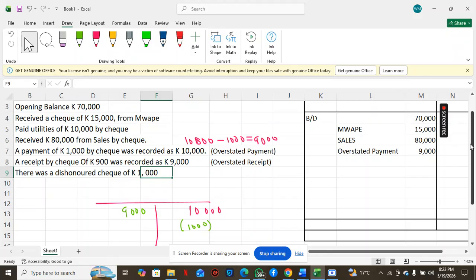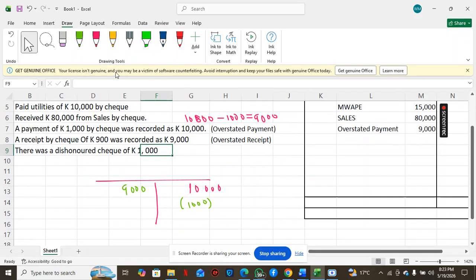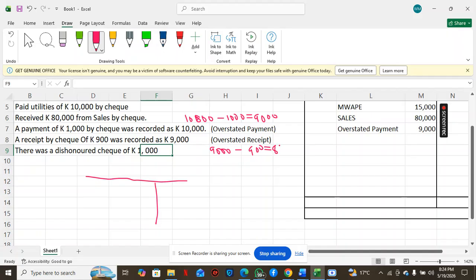The error assumes that we have got over. So looking at the T account, first we have to find out how much this receipt is overstated by. You say 9,000 minus 900 kwacha. That gives you 8,100.